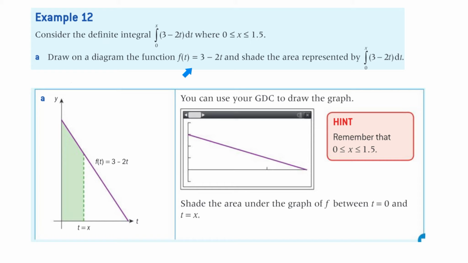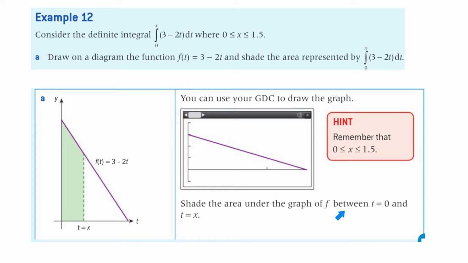Now, it's between 0 and x, where x is less than 1.5 and more than 0. So somewhere between there and 1.5, they've drawn t equals x. Now it says you can use your GDC to draw the graph. Hopefully you don't. You can do it without the GDC, but it's always good to check, I guess.